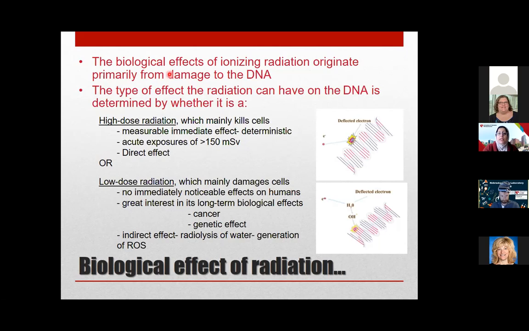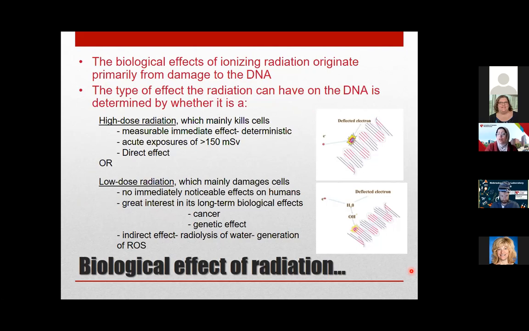The biological effects of ionizing radiation originate primarily from the effect on the critical target molecule, which is the DNA. And the type of effect that radiation can have on the DNA is determined by whether you are exposed to a high dose or a low dose of radiation. High dose radiation exposure will mainly kill the cells, so you will have an immediate and measurable effect, and these are known as deterministic effects.